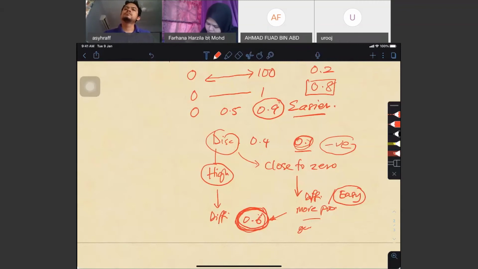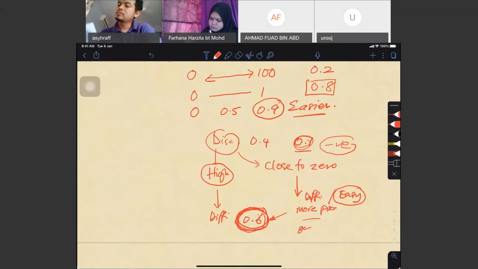However, if the discrimination is negative, then it's difficult to justify. We say, how come the good students are not able to answer your question? Then maybe we need to reword this question, or ask something else, or make sure there's no leak in the question, things like that.